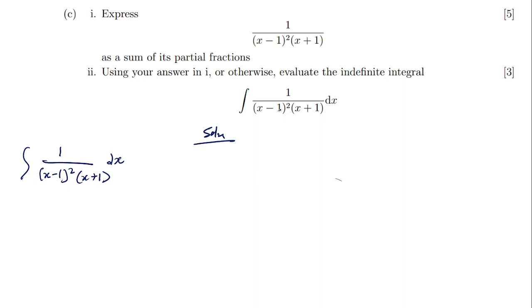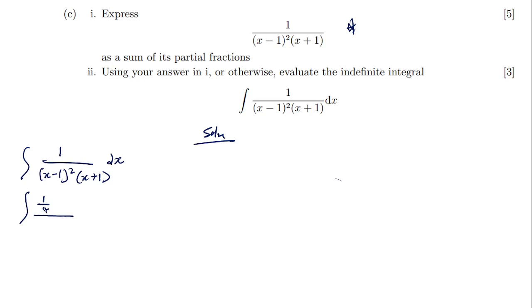So what you're going to do is write the partial fractions you found. The first one was a, and for a it was 1 over 4, so we are going to put 1 over 4. Actually, if you check the solution which was sent for this paper, the solution was totally wrong.